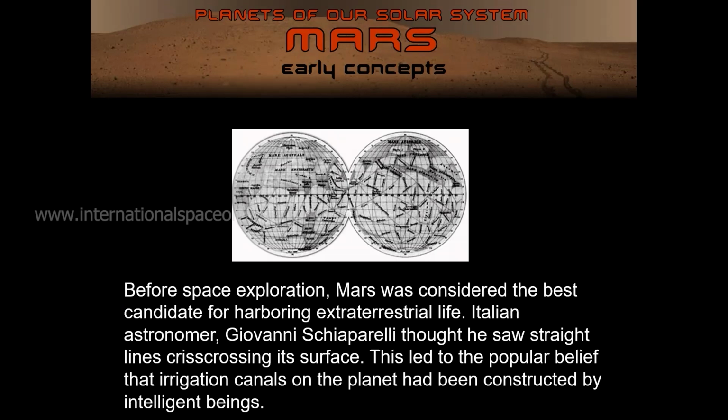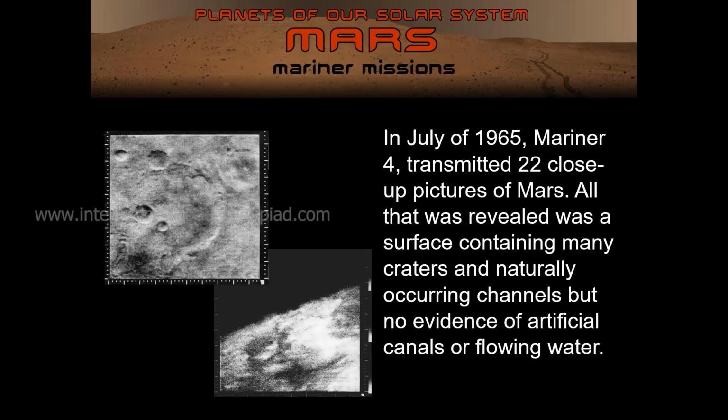Italian astronomer Giovanni Schiaparelli thought he saw straight lines crisscrossing its surface, and this led to the popular belief that irrigation canals on the planet had been constructed by intelligent beings.